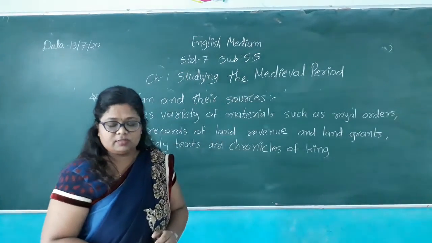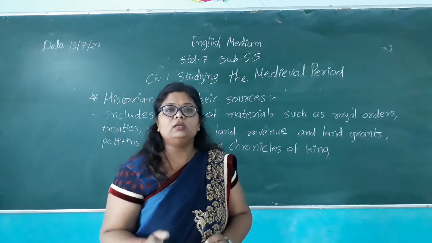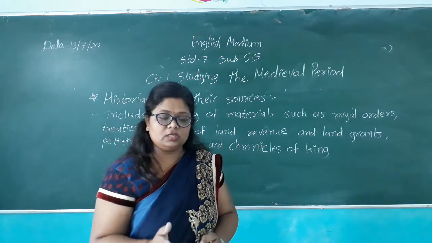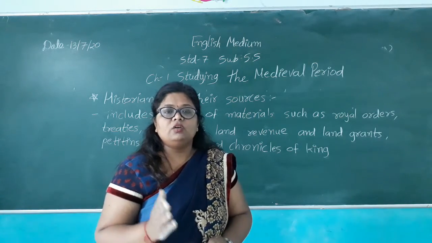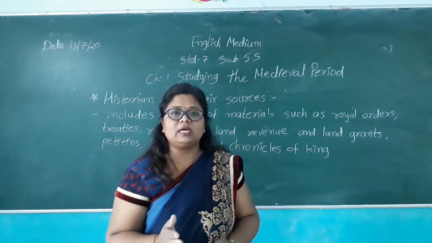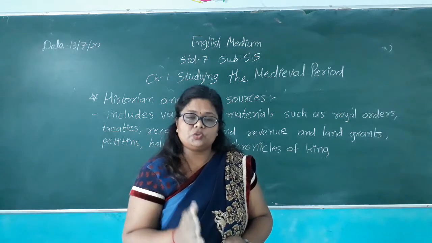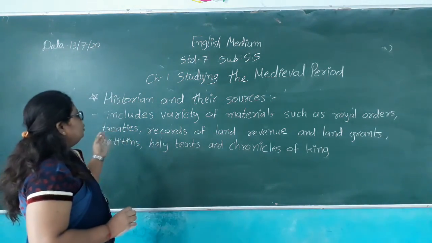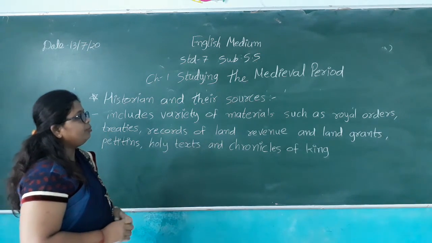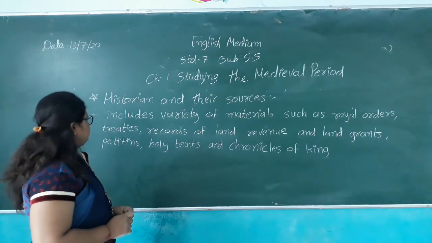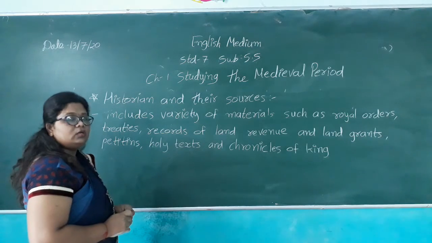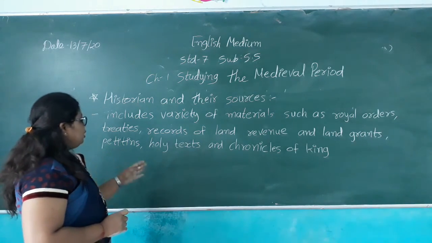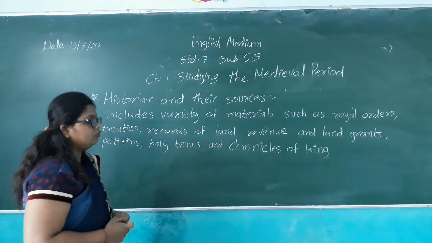All the documents, texts and information were written on paper and archived in libraries. The information includes a variety of materials such as royal orders, treaties, records of land revenue and land grants, petitions, holy texts and chronicles of the kings.